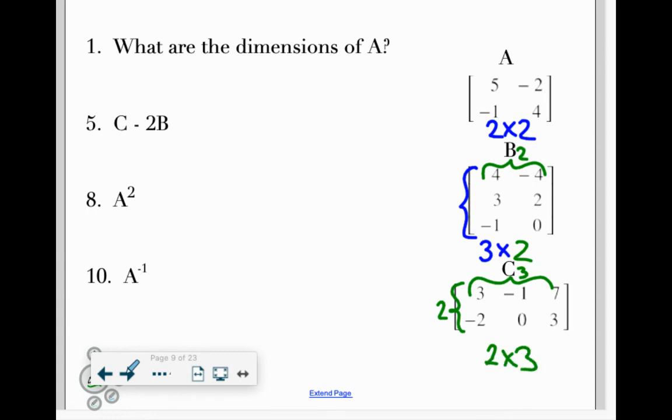Make sure you note the difference between those two. And that's actually questions 1 through 3 on your review. So we actually can't add any of these together because none of them are the exact same size.